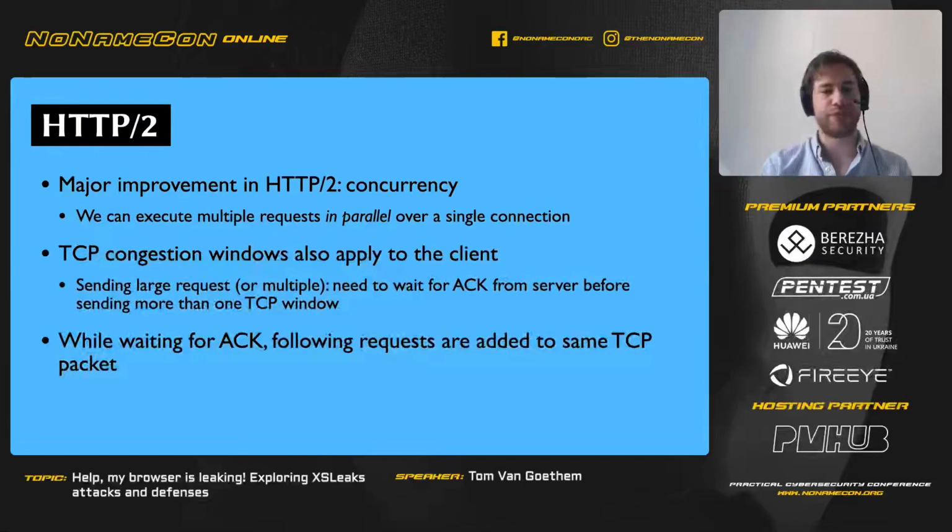And then the client needs to wait for an acknowledgement from the server before sending the rest of the request. And while waiting for this acknowledgement, all the requests that follow will be added to the same TCP packet.